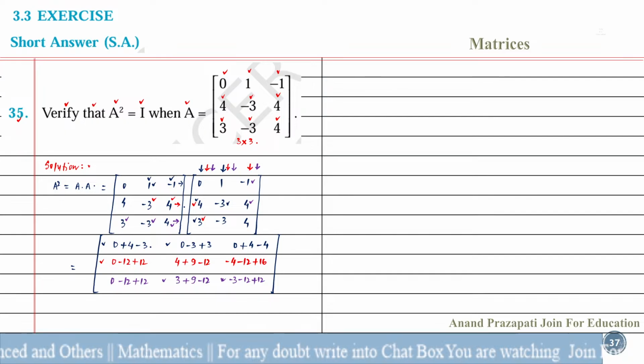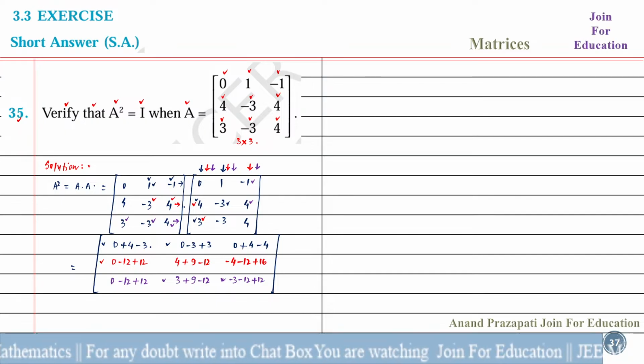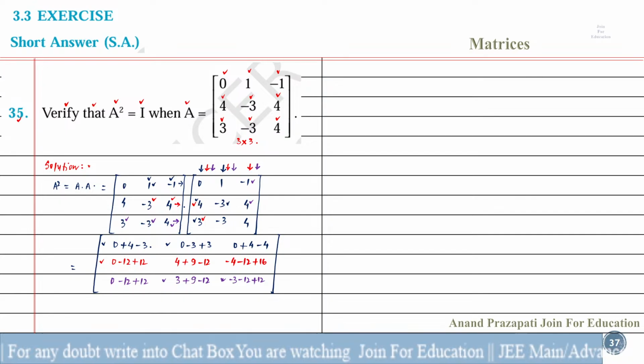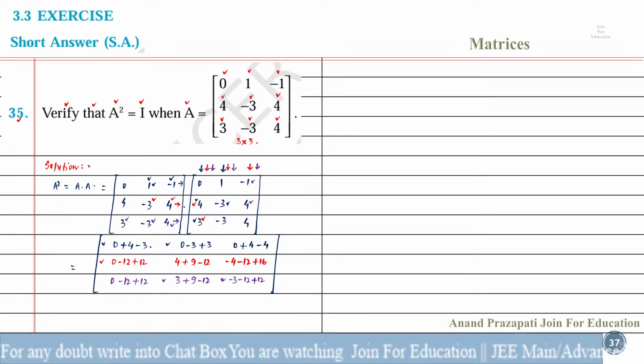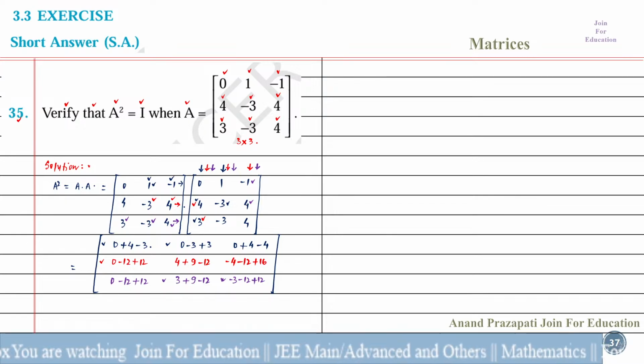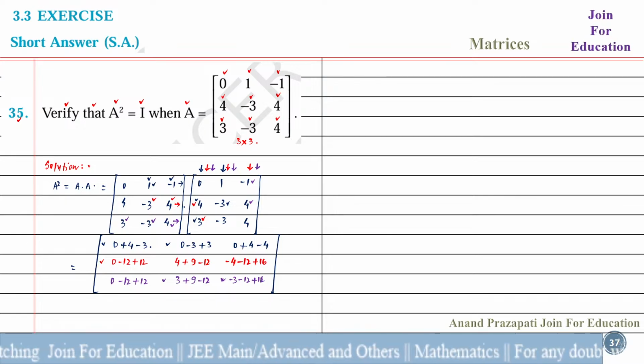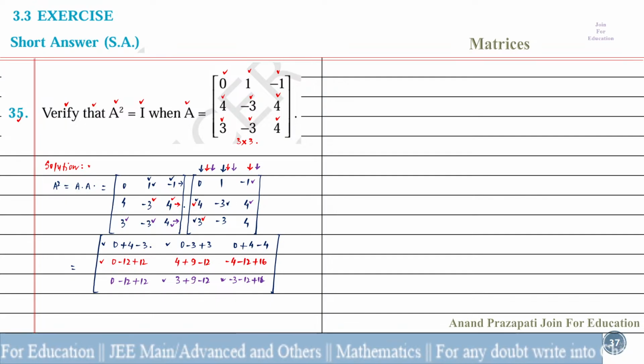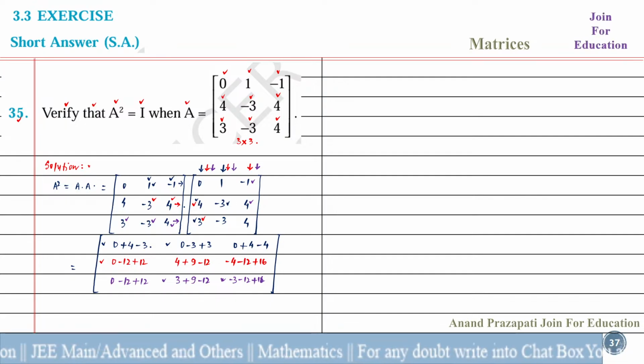Let's see once again. 3 into minus 1 equal to minus 3. Minus 3 into 4 equal to minus 12 and 4 into 4 equal to here will be 16. Observe, there is no problem to understand up to this step.